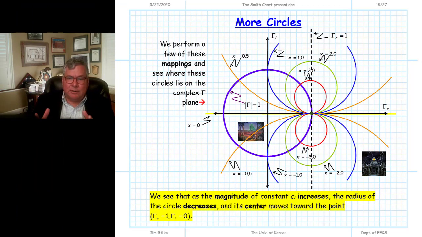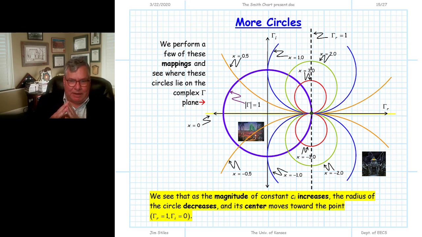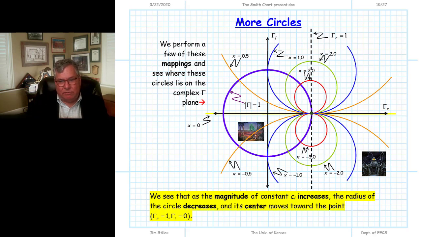All right, so let's go ahead and plot the mapping of several horizontal contours on the normalized complex impedance plane onto the complex gamma plane. Of course that mapping results in circles, and we've seen these circles here for different values of Ci.